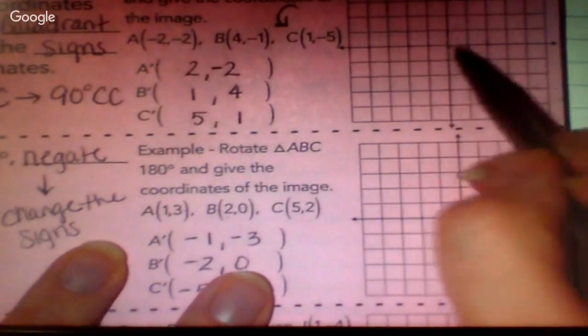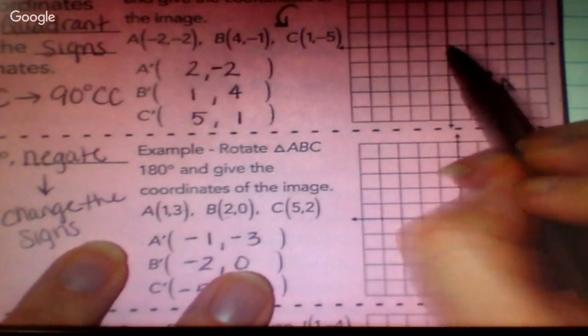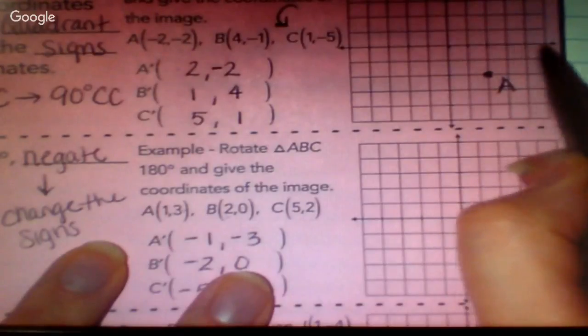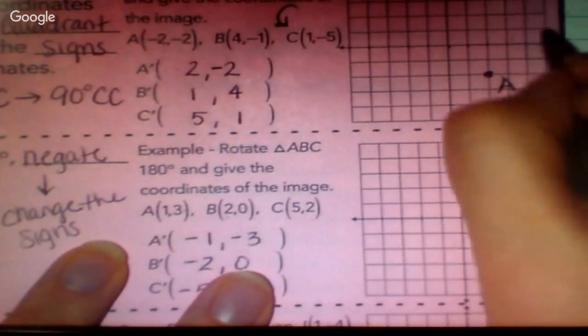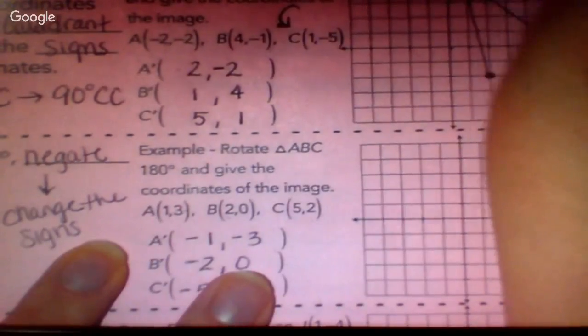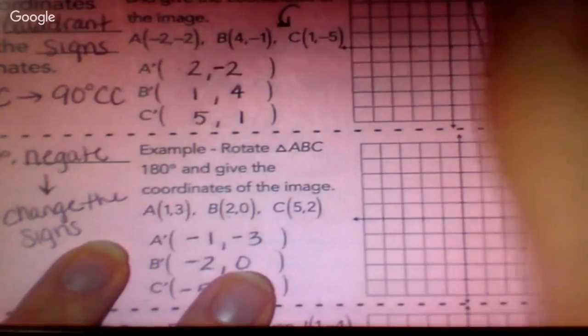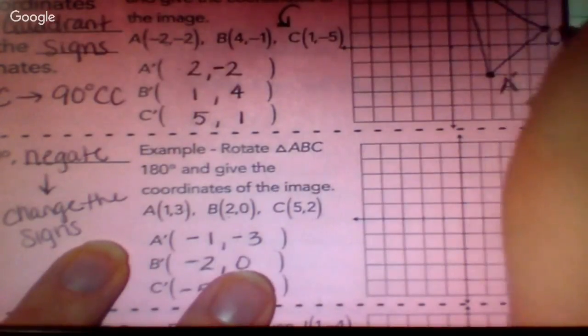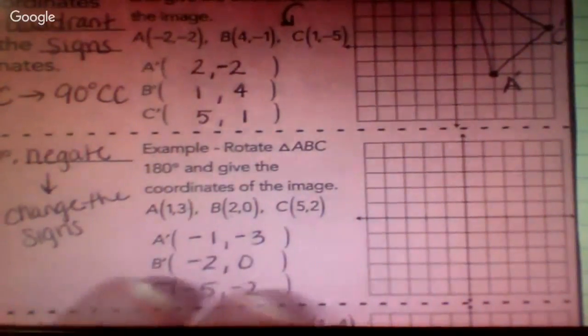And C from the middle, positive 5 goes to the right by 5. Positive 1 goes up by 1. Here is C. Connect your dots. It makes a lovely triangle.